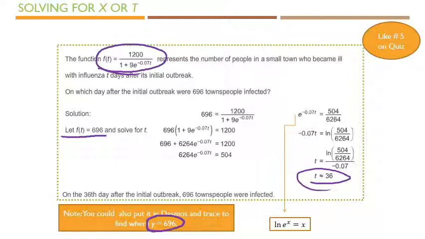The next you're going to put y equals 696, because remember, f of t is y. Plug that in for y, and then find the point of intersection, and you're going to get 36 as the x coordinate or the t coordinate. So you could also use Desmos with this, or you can plug it in and find your t.